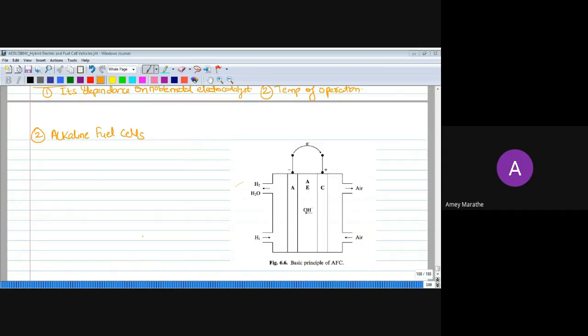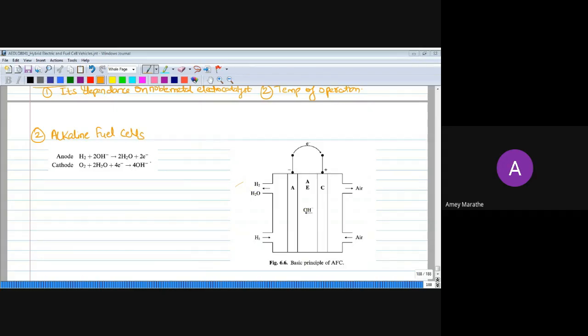Let me also paste the electrochemical reaction, and then we will discuss what is happening here. So at the anode, you see the exhaust which is there.